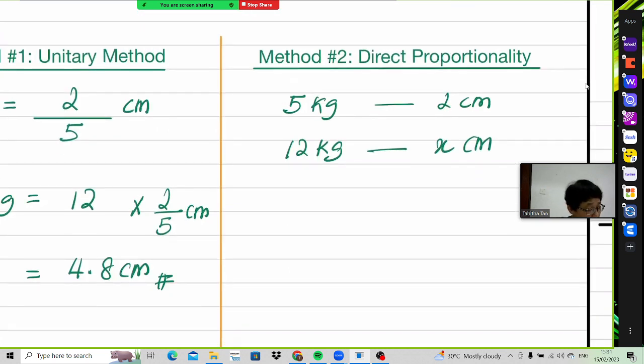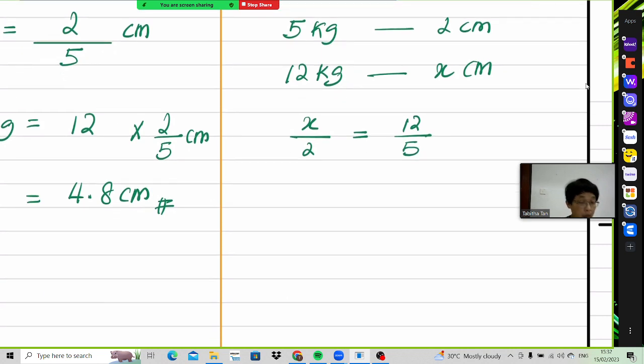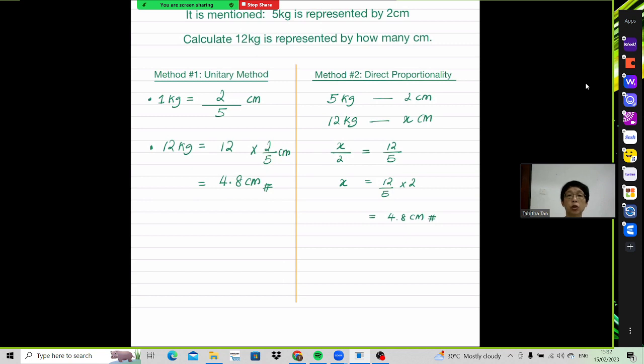To find the X in direct proportion, we just put them in the equivalent ratio, and with one simple shifting around of the equations, you get 4.8 centimeters. So you can comfortably choose whichever method is comfortable and confident for you, no pressure.